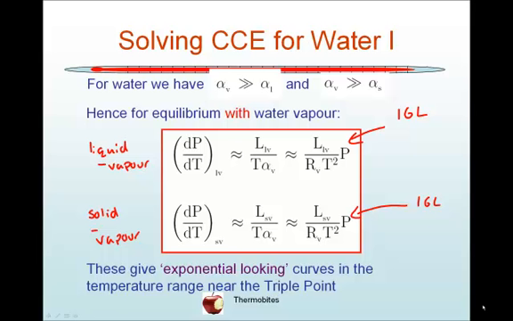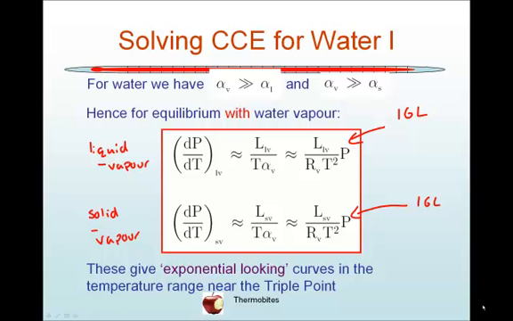Likewise, for the transition between solid and vapor, you end up with dP/dT for solid to vapor as approximately equal to the latent heat between the solid and the vapor phase divided through by the temperature and the specific volume of the vapor. And again, you use the ideal gas law to replace the specific volume alpha. Now these are exponential looking curves. And why is that?